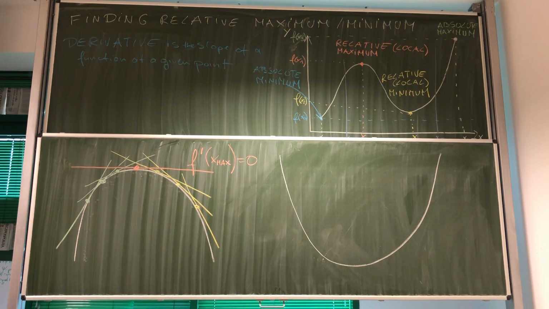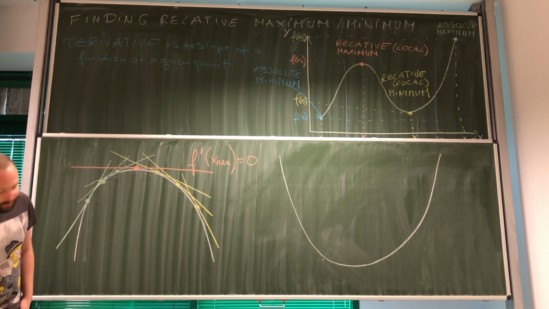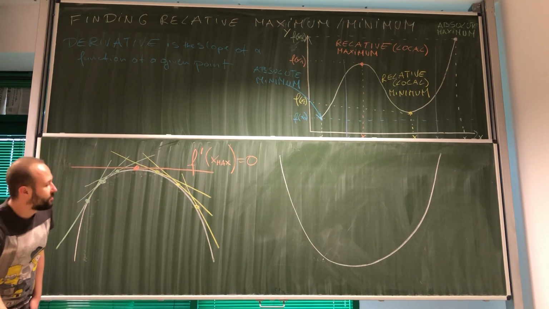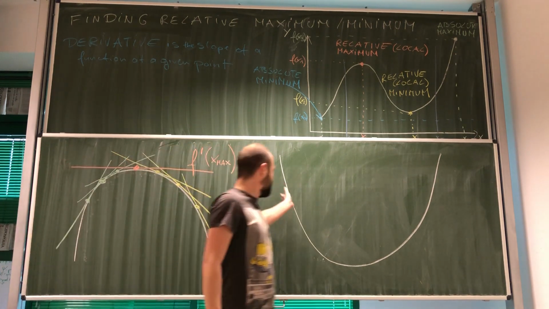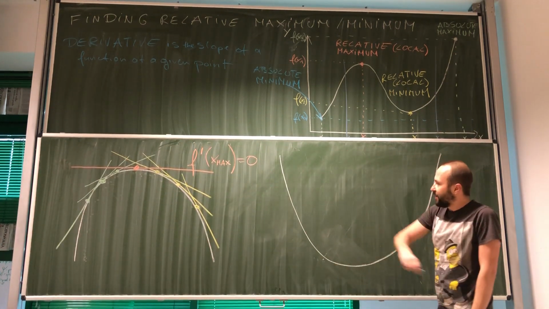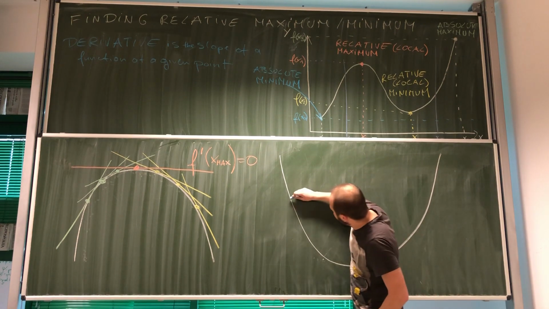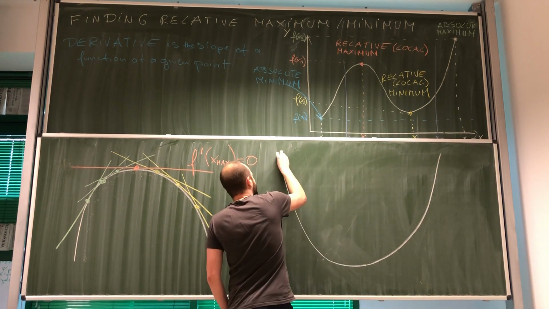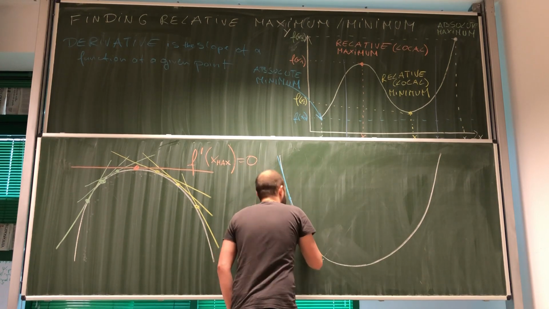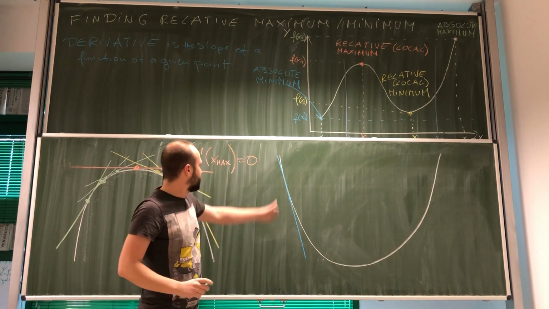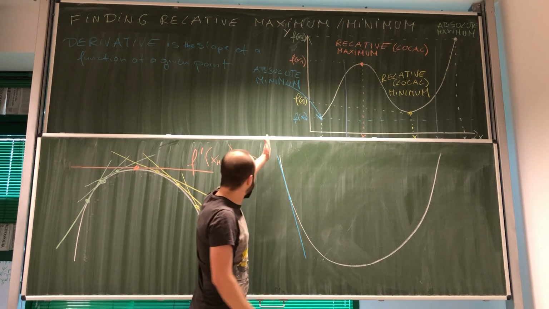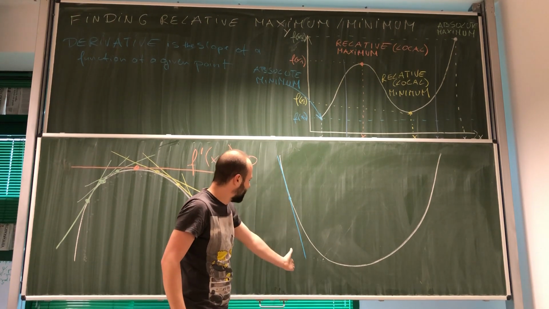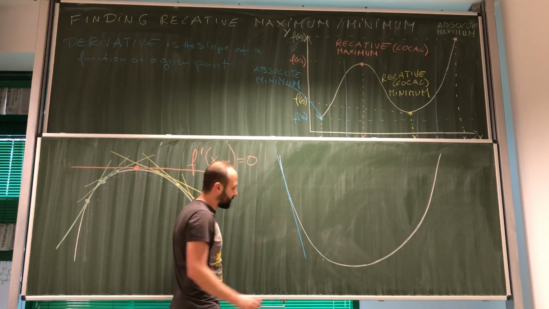Okay, now let's see if we will get similar results with minimum. And look, what is happening if I'm drawing the lines tangent to this valley? Over here we see that it is very, very steep and negatively sloped.